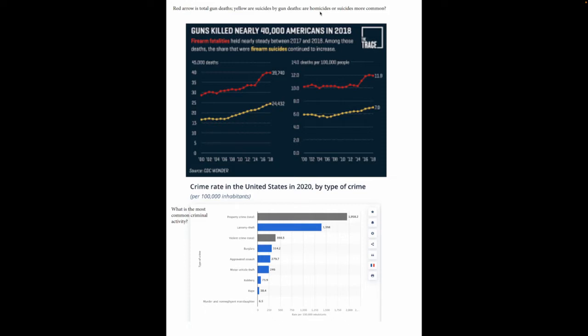And so as you do this assignment annotation, you're going to answer which are more common, homicides or suicides. You want to look at this graph very carefully, because this might challenge many of your assumptions. Same thing when you start thinking about what's the most common criminal activity. Look at this chart very carefully, and then in your annotations you're going to answer this question, and then try to show how much more common the most common crime is than the least common crime.